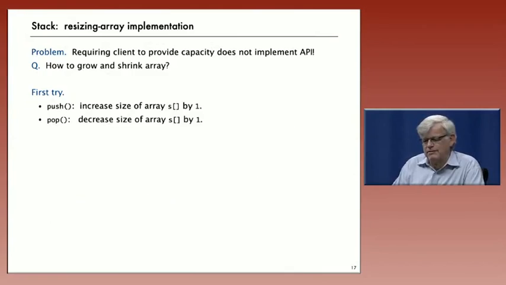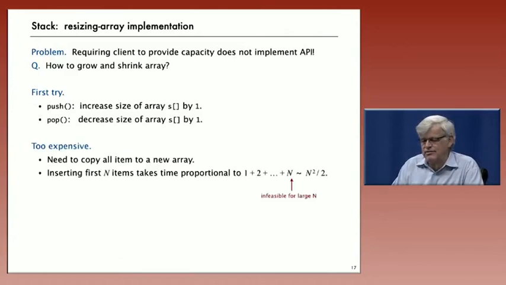Well, the first thing you might think of is, when the client pushes a new item onto the stack, increase the size of the array by 1, and when it pops, decrease the size of the array by 1. That's easy to code up, but not worth it because it's much too expensive. The reason is that you have to create a new array one size bigger and copy all the items to that new array.